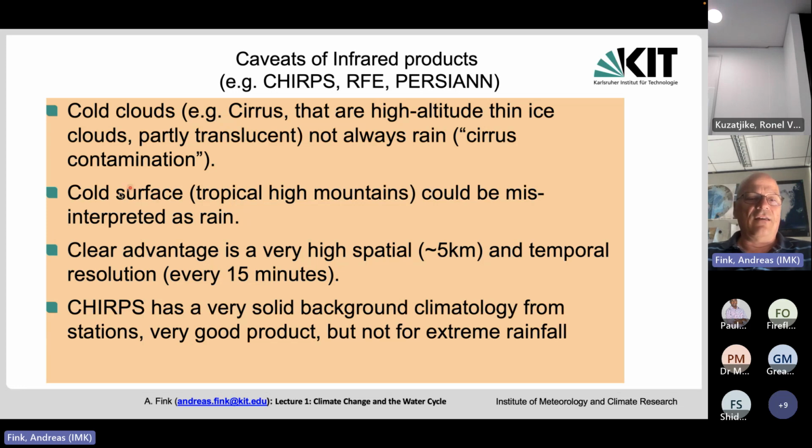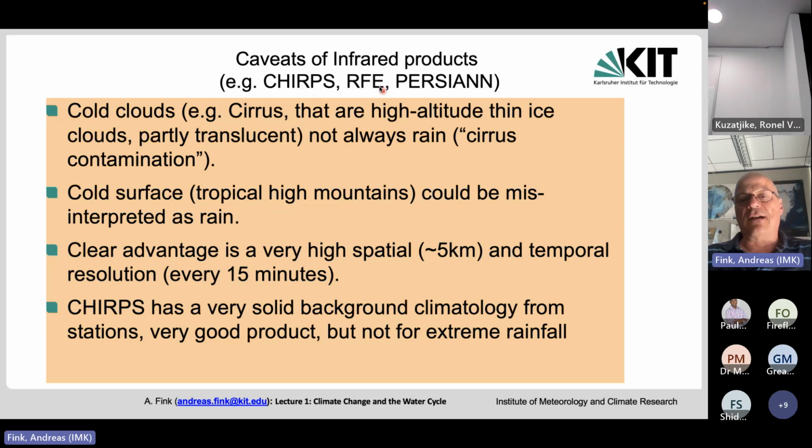And the rainfall estimation is based on the principle that deep rainfall clouds in the tropics and subtropics have a cold top here, so cold clouds are measured here. And the famous product often used in research in Africa is CHIRPS.